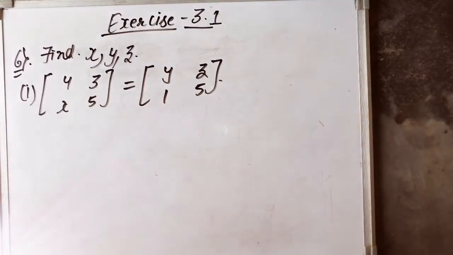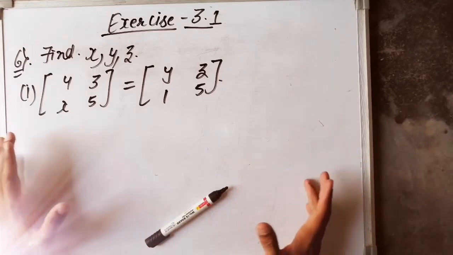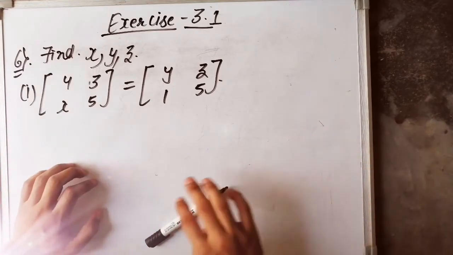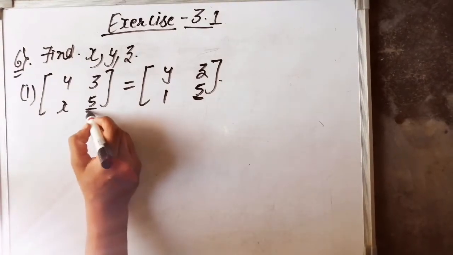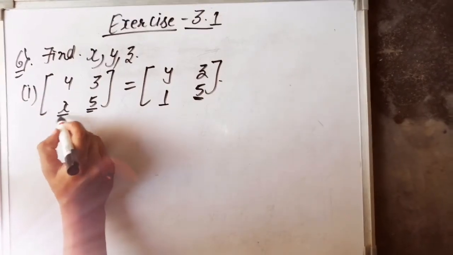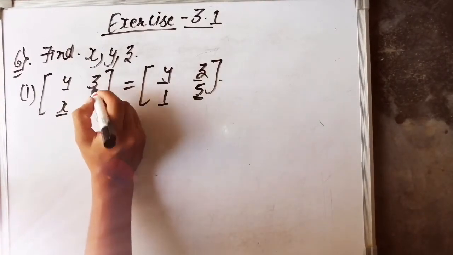The thing, equality of matrix, what does this mean? Equality of matrix means that the two matrices are taken as equal. Each and every element of them is equal. See here, 5 is equal to 5, and 1 is equal to this element, 4 is equal to this element, and this z is equal to 3.